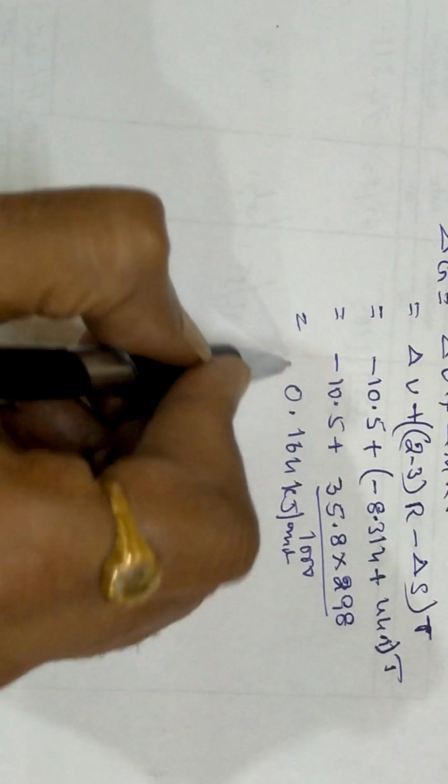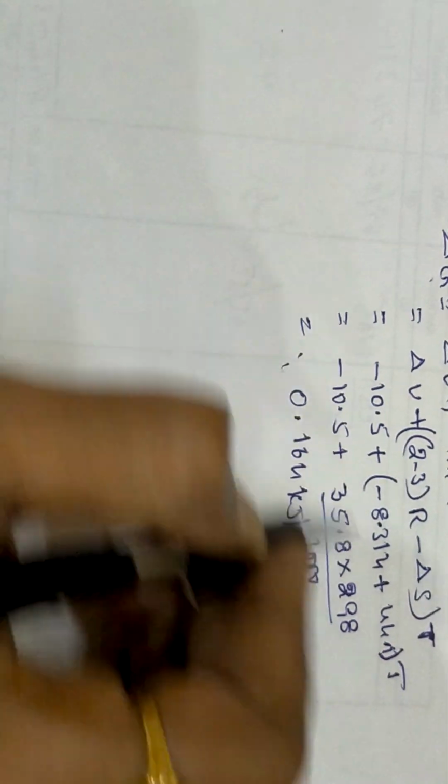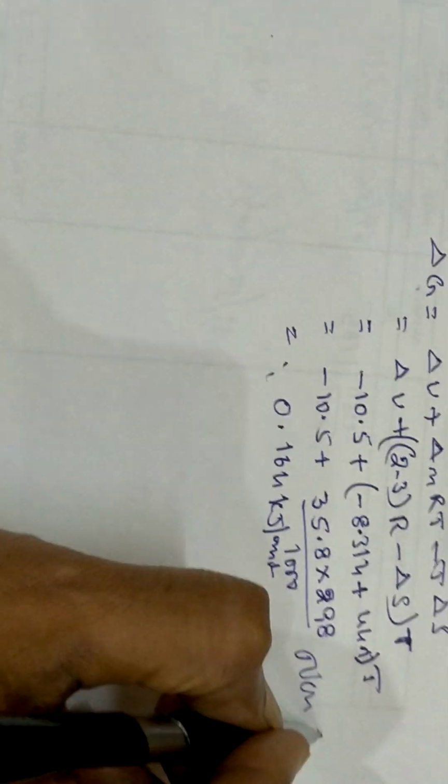Because it is a plus delta G, it is non-spontaneous. It is not a spontaneous equation.